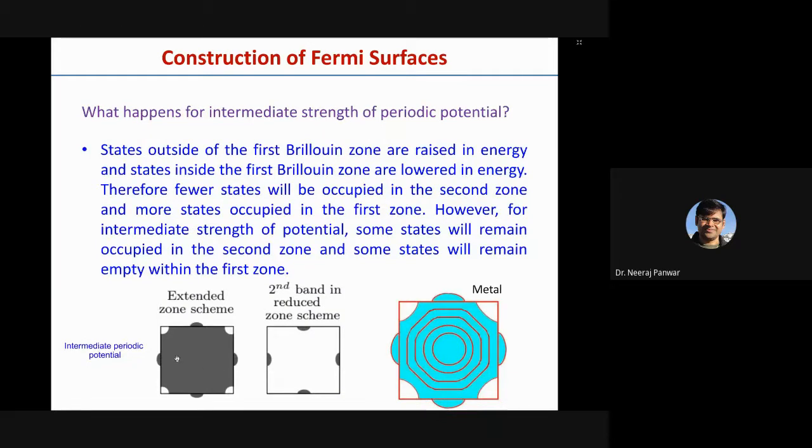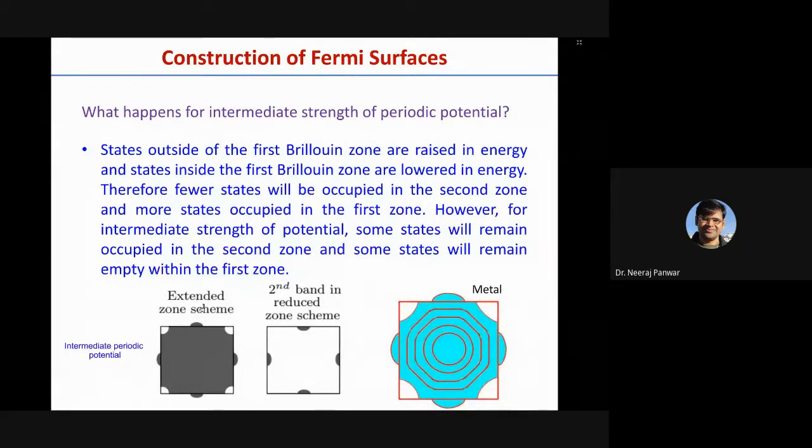So this is the diagram of a Fermi surface with the introduction of an intermediate periodic potential. We can see that some of the electrons in states lying in the second Brillouin zone jump to the first Brillouin zone to acquire the low energy state.